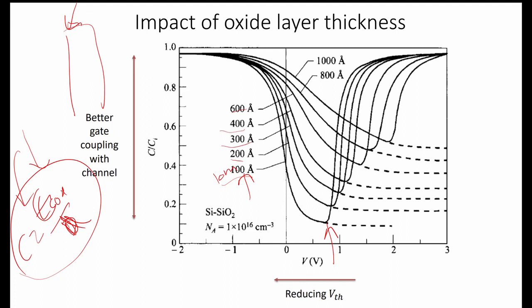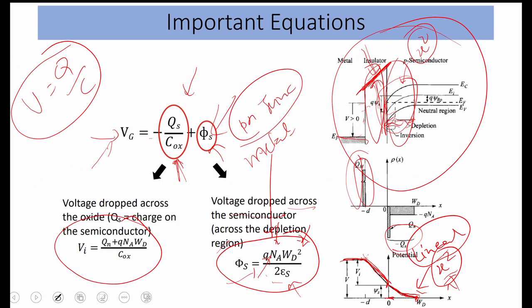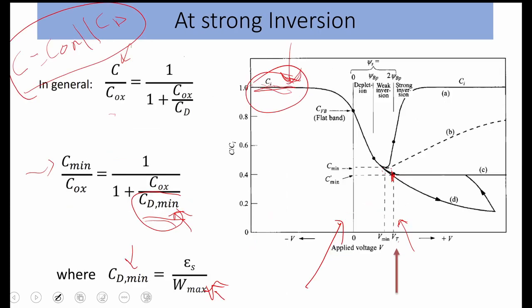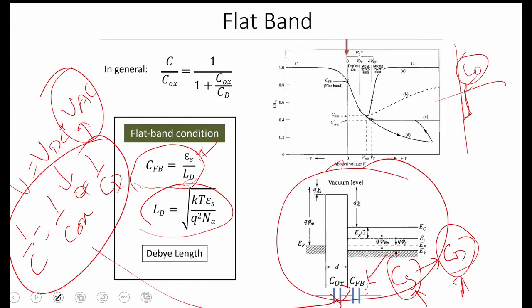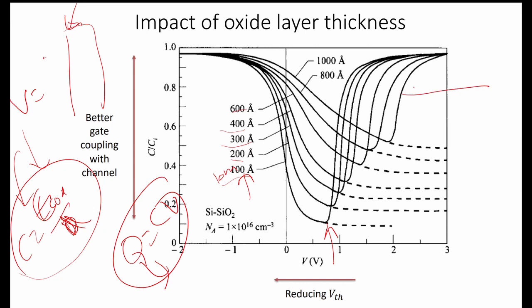V is equal to Q by C, right? Or we can say Q is equal to CV. This Q is nothing but the charge generated, negative if it is p type, so the charge in the channel.